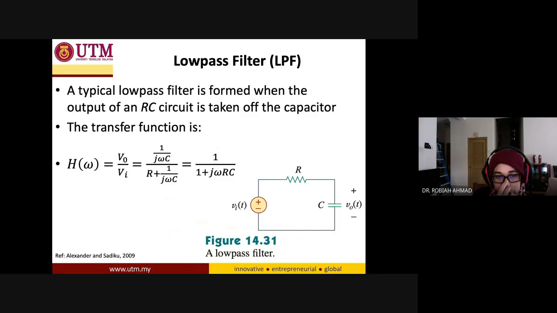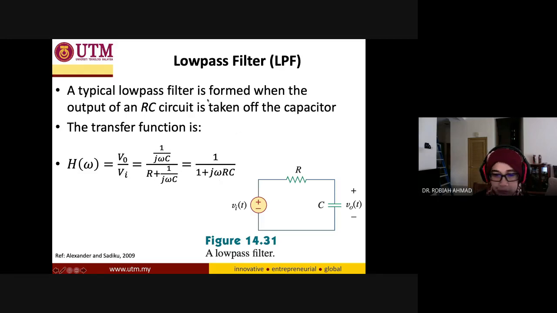How do we design a low pass filter in terms of RLC? Okay, so this is the figure. We have here R and C. When I have R and C, I try to get the output here. Using the voltage divider technique that you learned in your circuit analysis, we are going to have this equation.